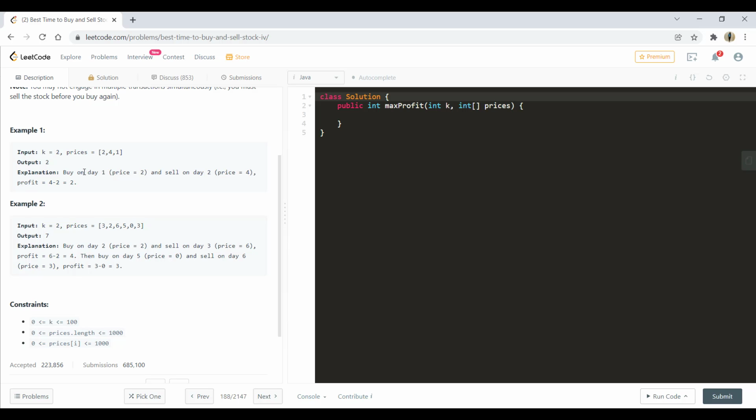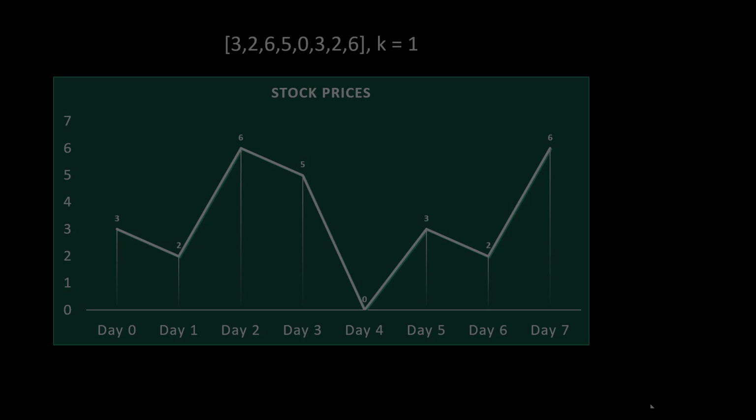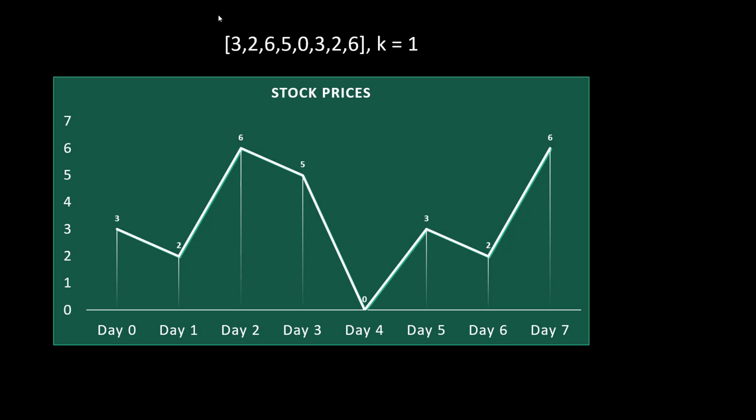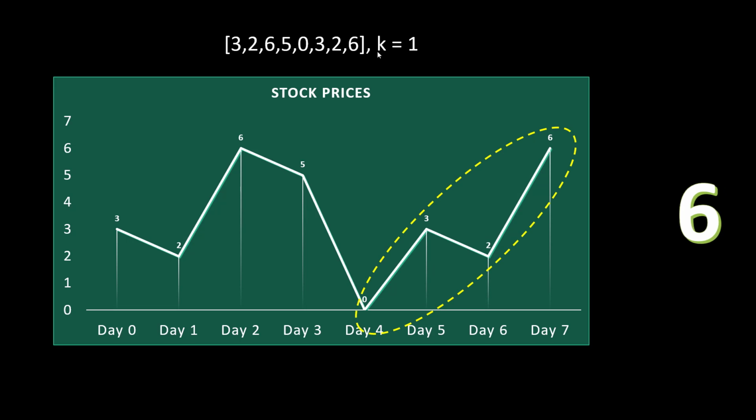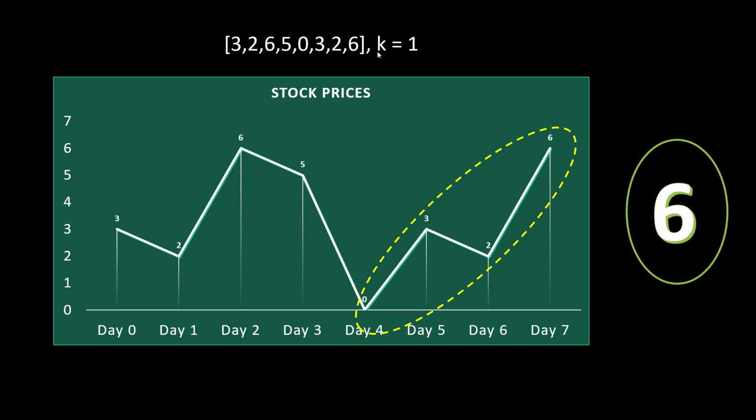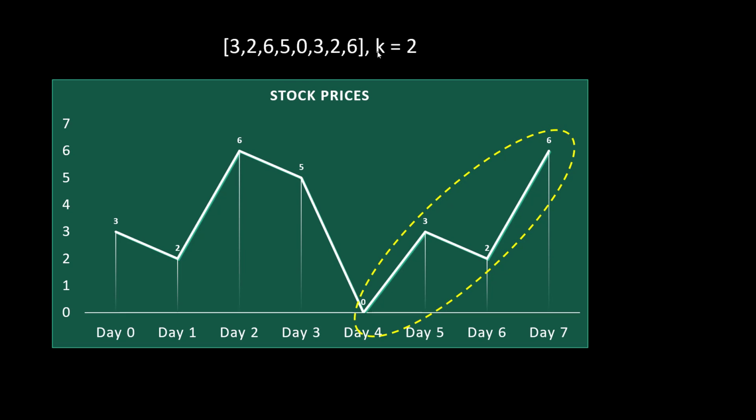So let's take one of the examples and see visually how we get the output for this question. So here I have the prices array and the value of k. This means that from all these days we need to find the maximum profit that I can achieve by doing only one transaction as k is 1. So in that case, I am going to consider this particular transaction that will give me a profit of 6. Now let's see what happens when k equals 2.